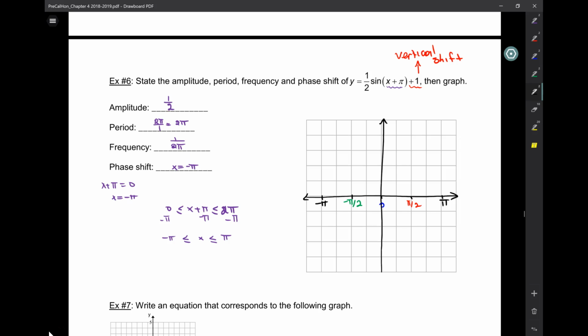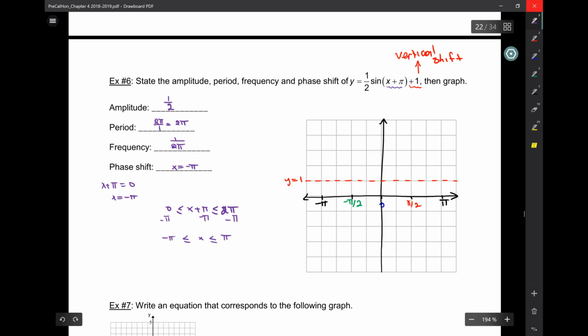Here, there is a vertical shift upwards by 1 unit, okay? That means the axis of oscillation is 1 unit up. So here, okay, y equals 1. That's the axis on which things are going to oscillate now.